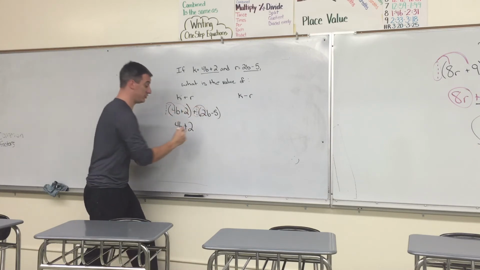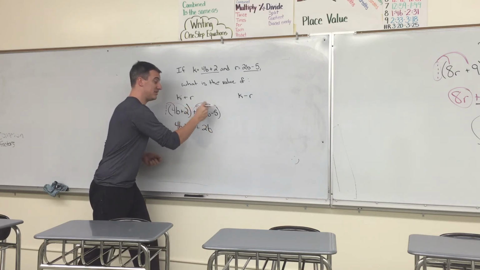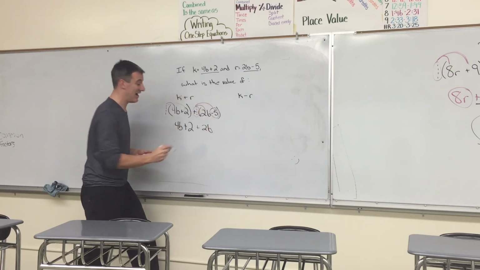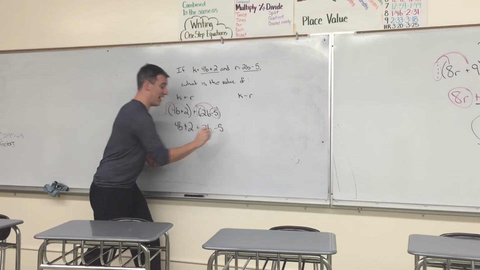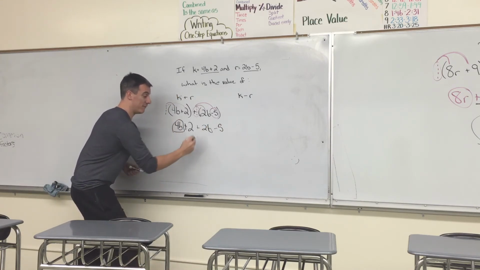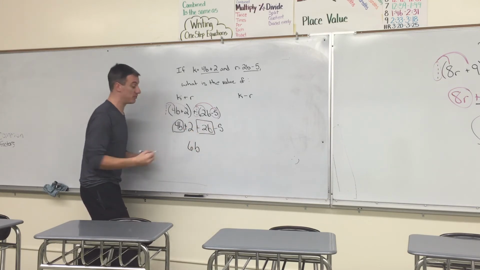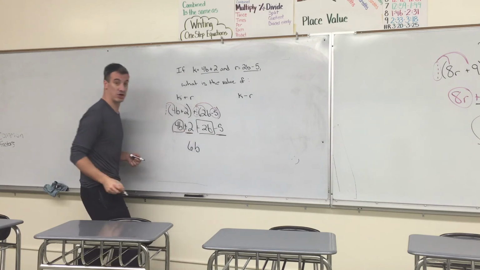Positive 1 times 2b is positive 2b. And positive 1 times negative 5 is negative 5. I look back through. I have a 4b, a positive 2b. And all we're going to do here is just combine those like terms.